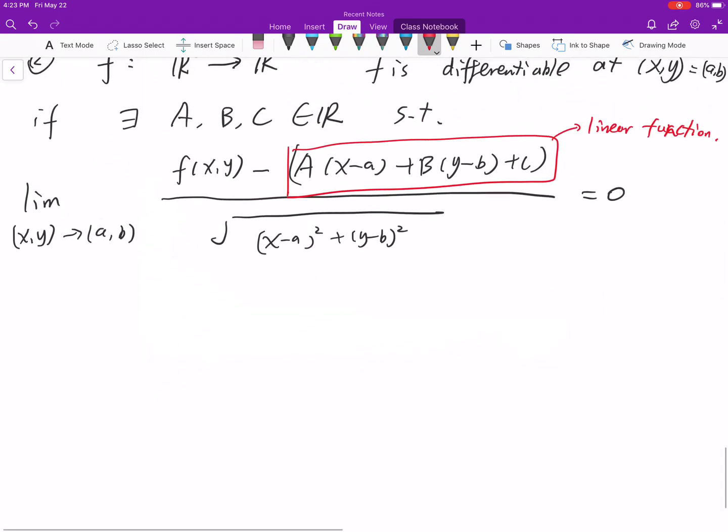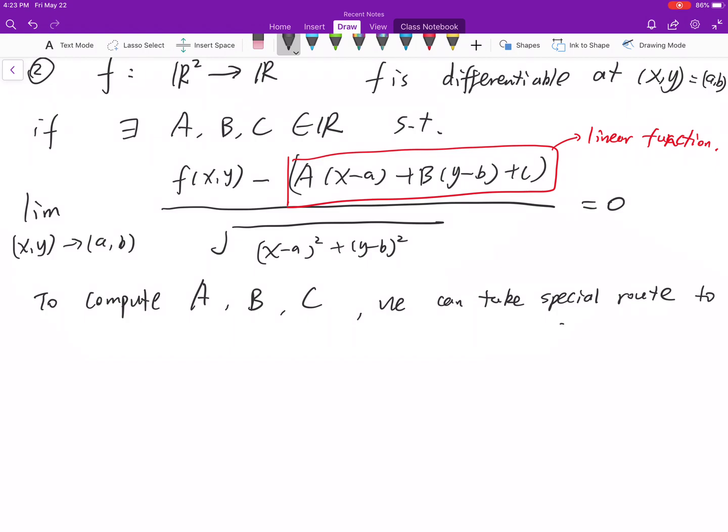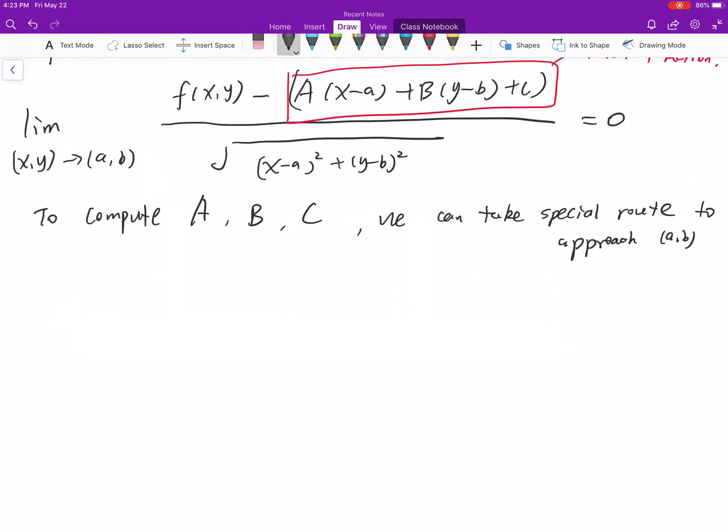And actually, to compute capital A, capital B, capital C, we can take a special route to approach the fixed point (a, b).